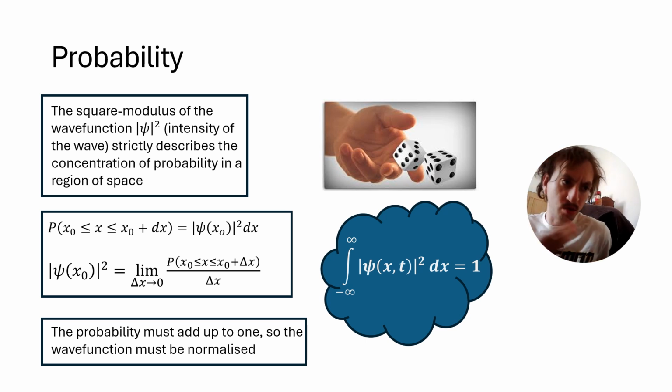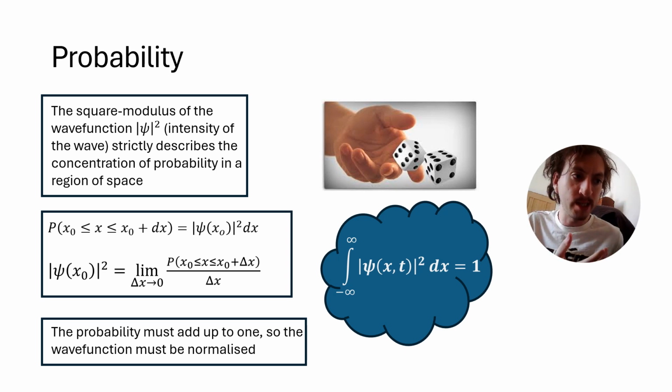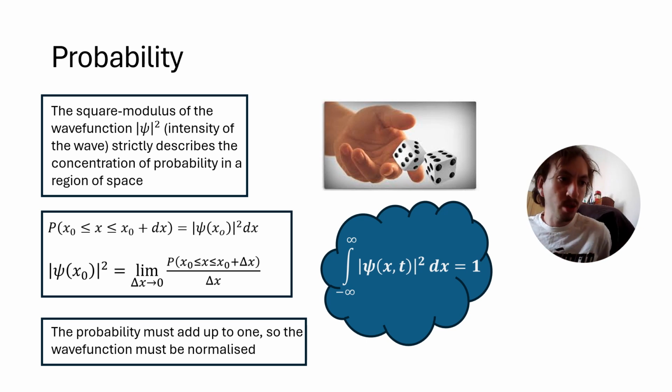The total probability in a region of space is just going to equal the probability density integrated over all that space. Or, for quantum mechanics, the integral of the magnitude of the wave function squared integrated over that space.